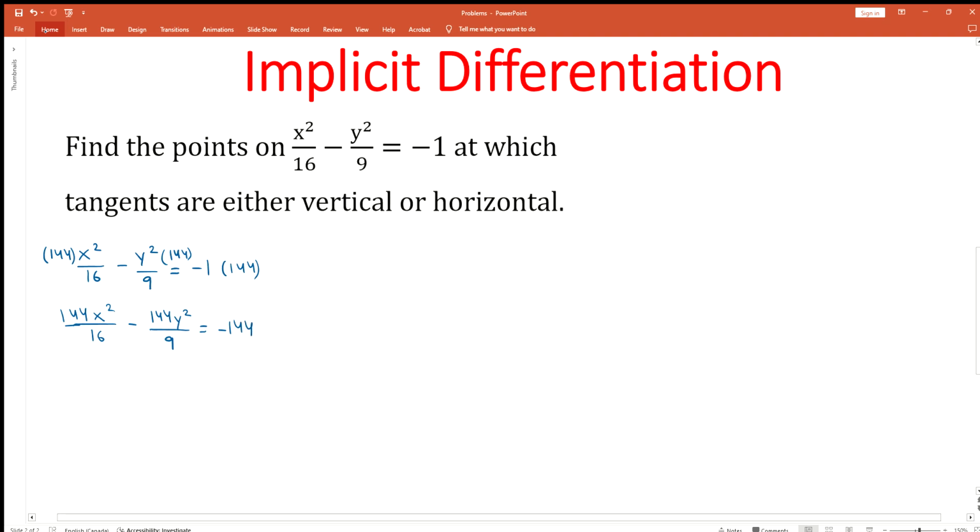In the first term, we can reduce 144 and 16. In the second term, we can reduce 144 and 9.